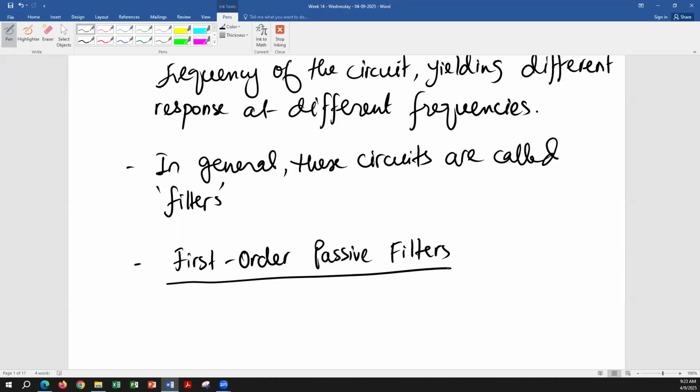So the output can be larger than the input for active filters over the pass band. Whereas for passive filters, output can never be larger than the input signal over the pass band. And the bands where they're stopping the signal, of course, the output is going to be less than the input signal anyways. So that's why they are called passive filters.